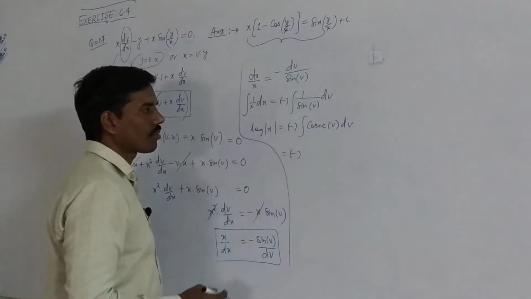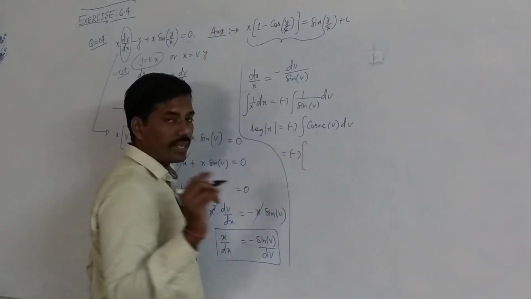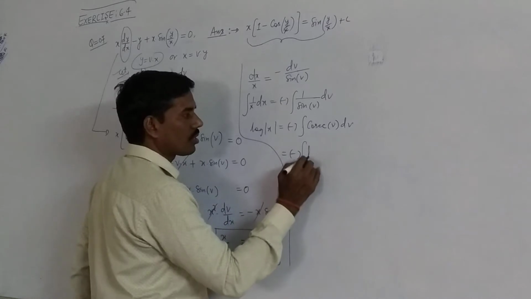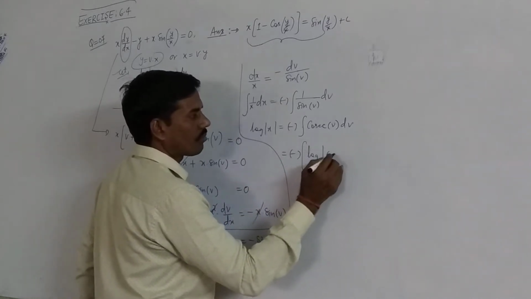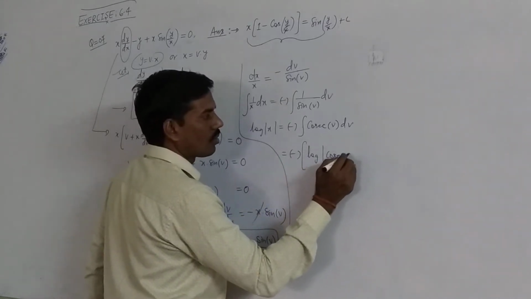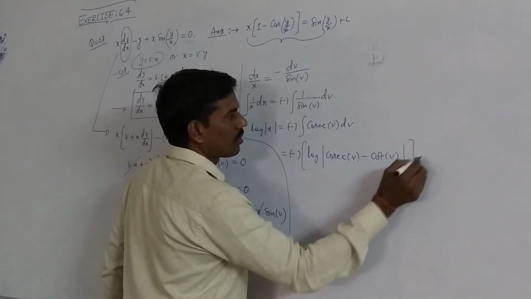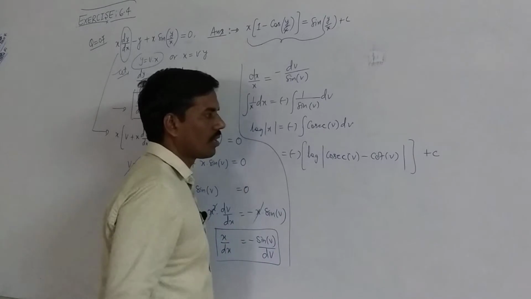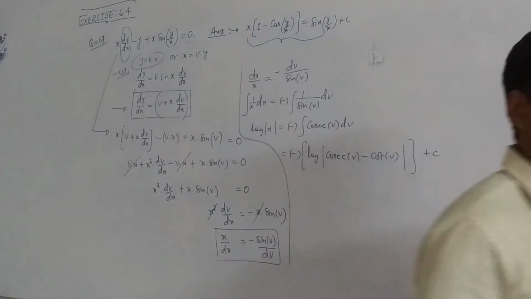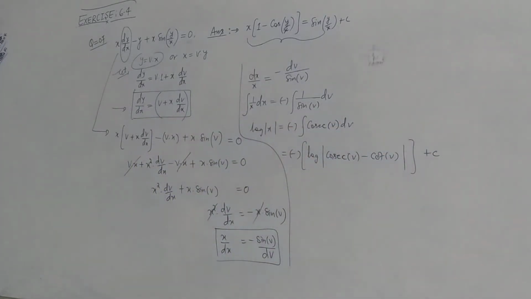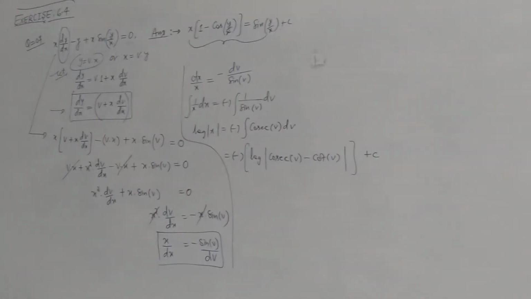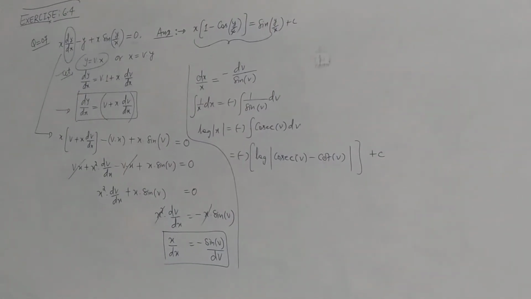We know that integral of cosec of v is equal to log of mod of cosec of v minus cot of v plus c. Clear? So minus log of cosec of v minus cot of v plus c.